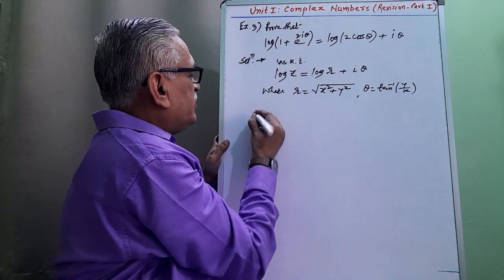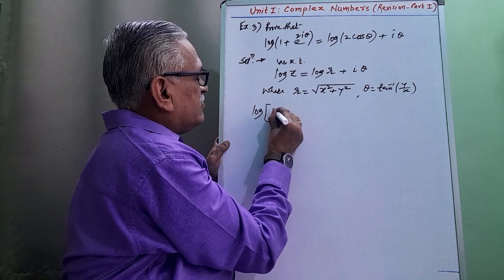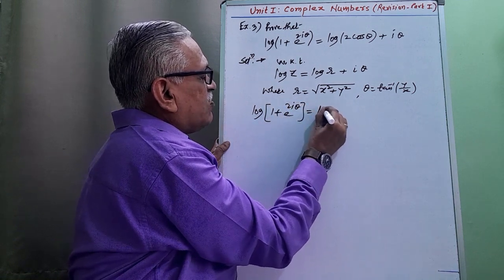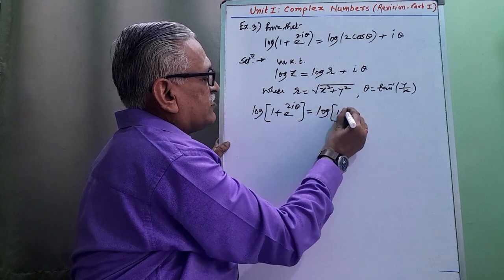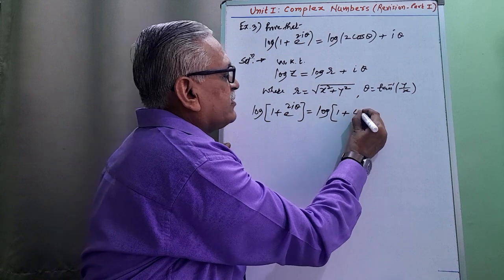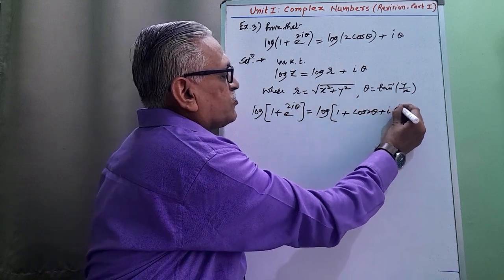And therefore, the given log of 1 plus e raised to 2iθ, we can rewrite as log of 1 plus e raised to iθ is cos θ plus i sin θ. As per that, it is cos of 2θ plus i times sin of 2θ.